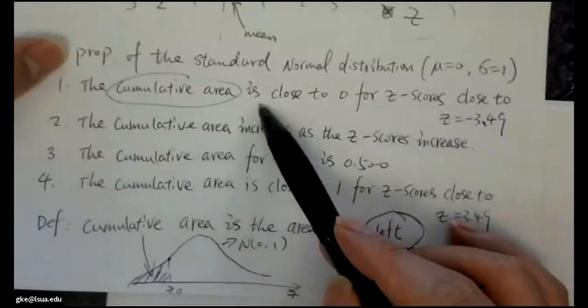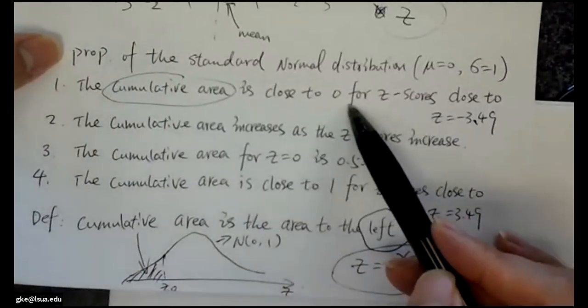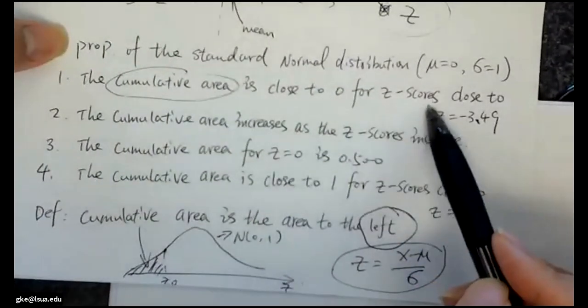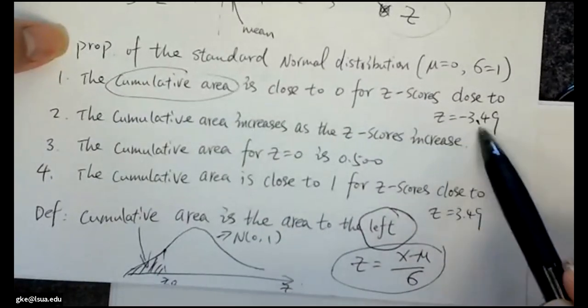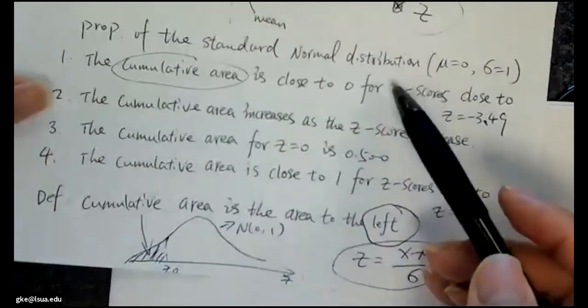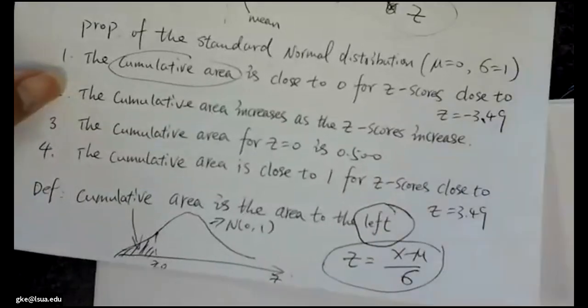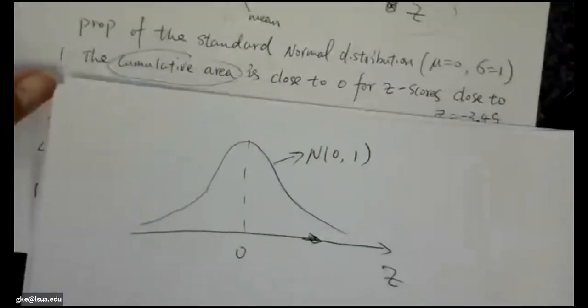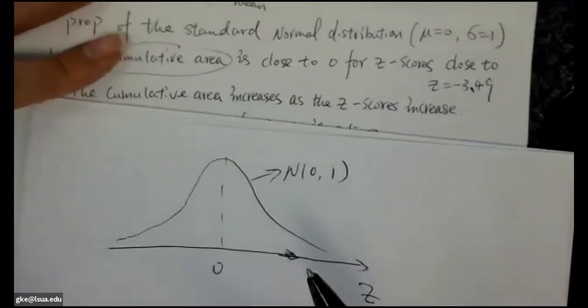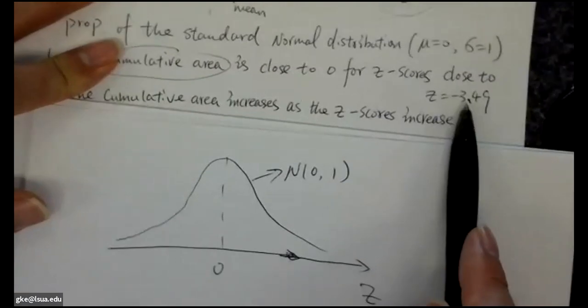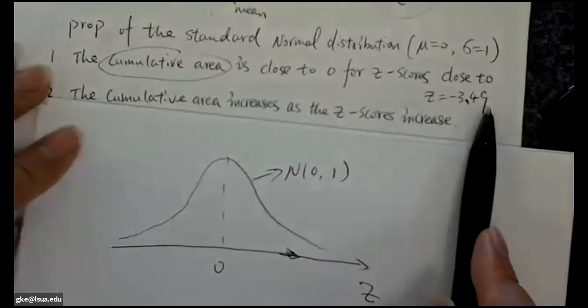The cumulative area is close to 0 for z-scores close to negative 3.49. What does that mean? You draw the normal distribution curve and find the value z equals negative 3.49.